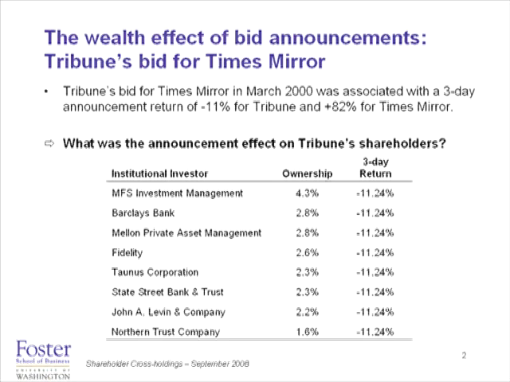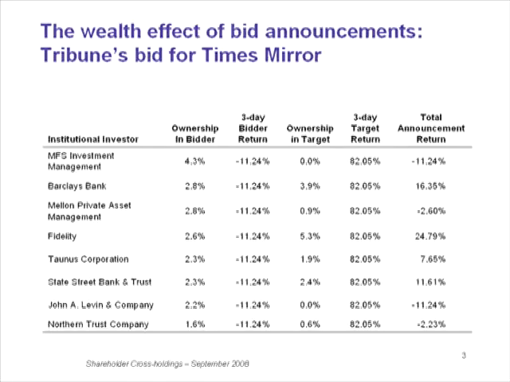Well, just take the top 8 or so investors in Tribune. Here are the holders of Tribune, and the effect on their holdings in Tribune is fairly straightforward. Their holdings in Tribune went down by 11%, and the value of their holdings went down by 11%.